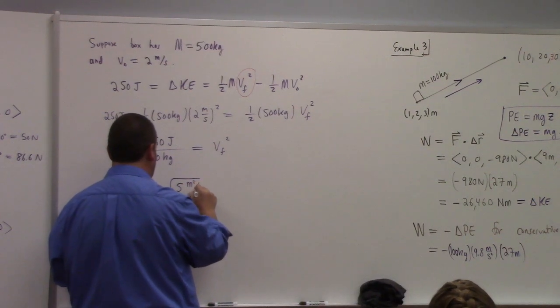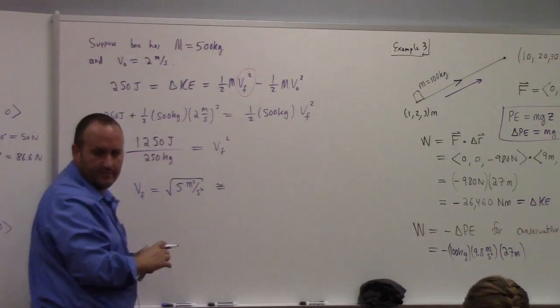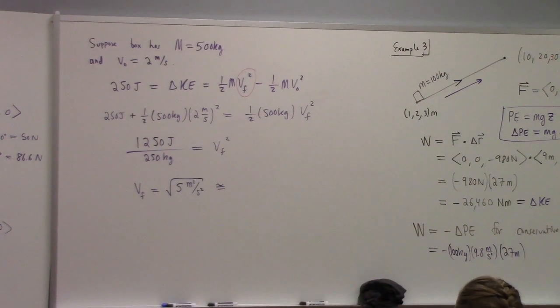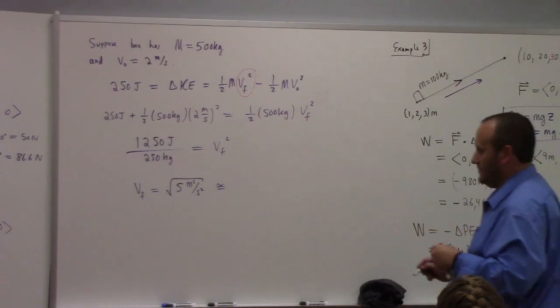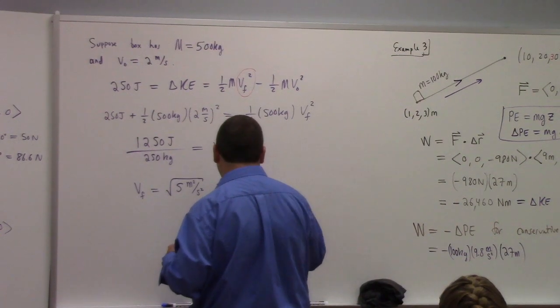Yeah, 5 meters squared per second squared, so square root of 5. That's 2.236.